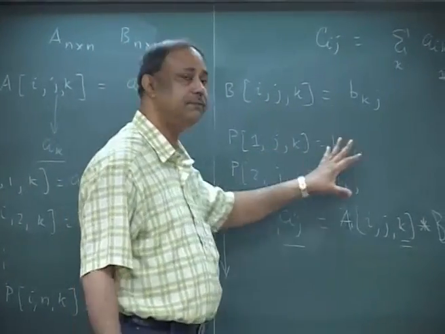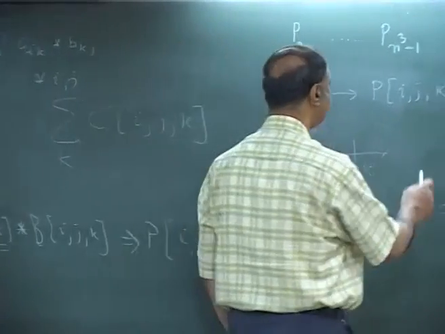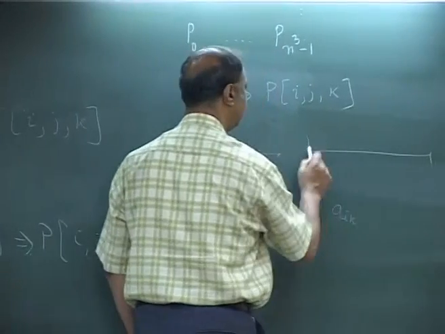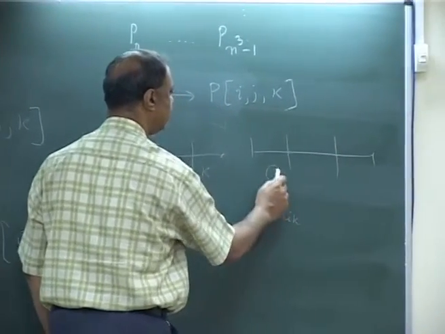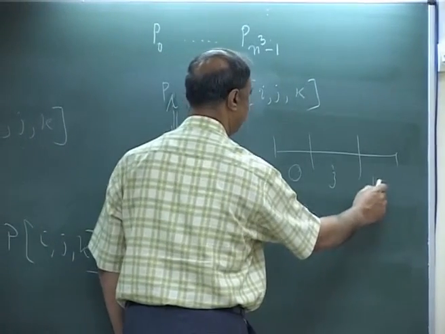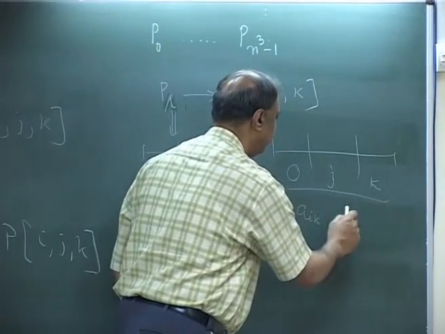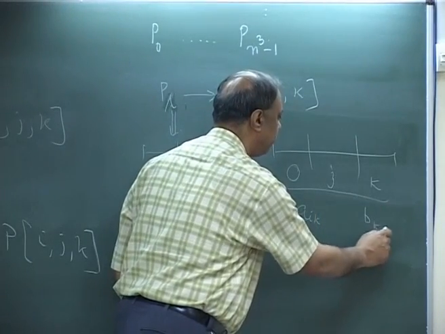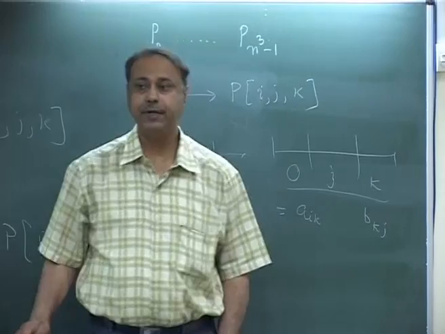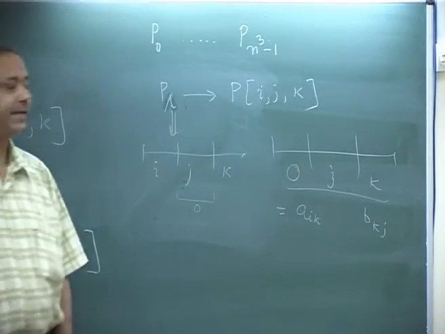How to broadcast this Bkj? Now initially this is 0 and here J and here K. Initially you have put in this position your Bkj. You remember Bkj is the transpose of B, actually you are storing here Bkj.